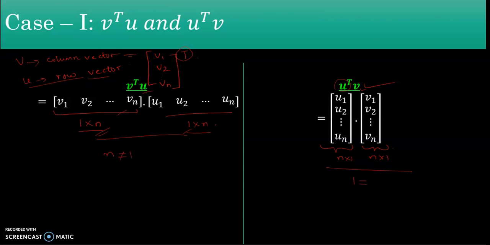Similarly here 1 is not equal to n. These two are not matching. These two are not matching. So here the multiplication rule fails, and the result does not exist.